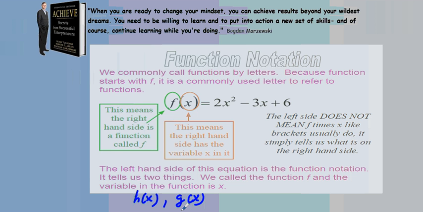Whether the letter h or g or f is used, this is how we denote a function. So this is read as f of x is equal to 2x squared minus 3x plus 6. Please note that this is not a multiplication of f and x. This is just a way we denote a function.